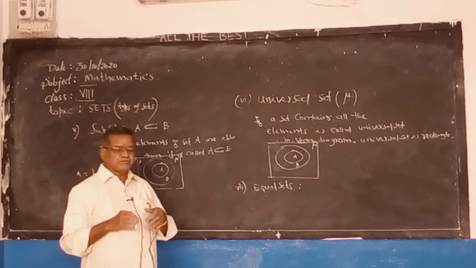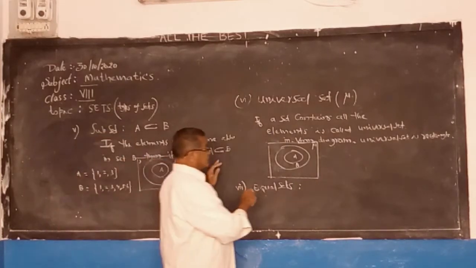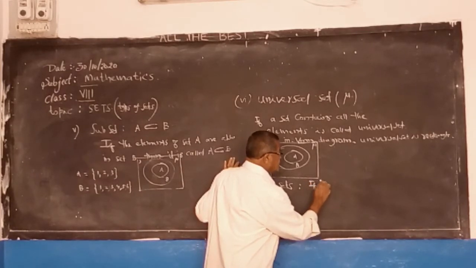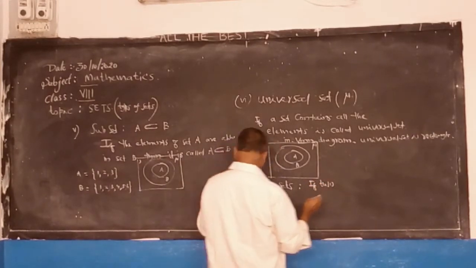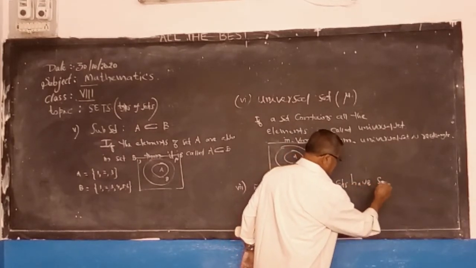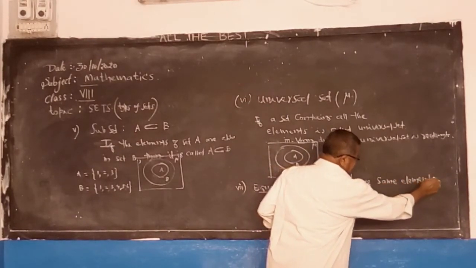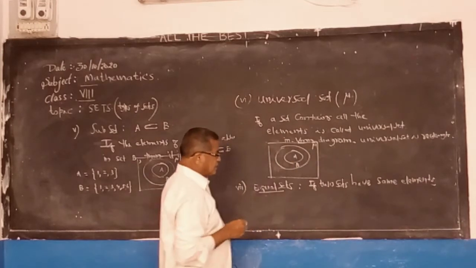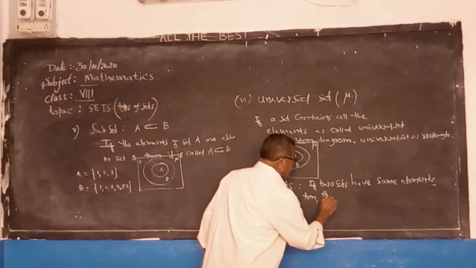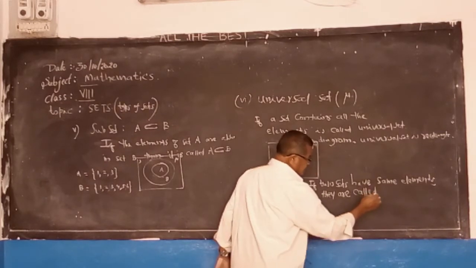If two sets have the same elements, then they are called equal sets.